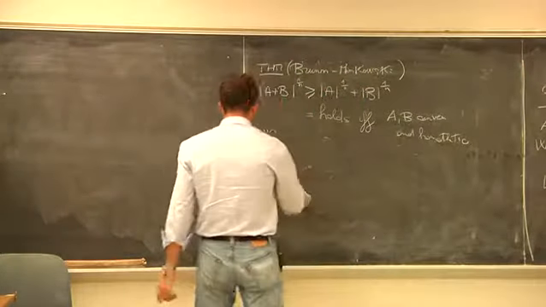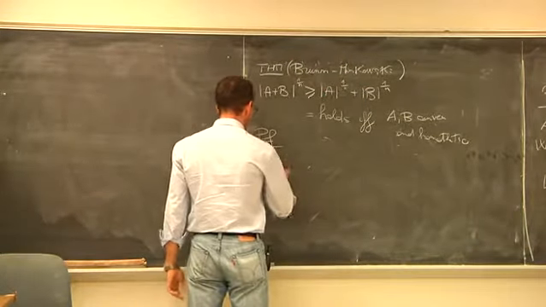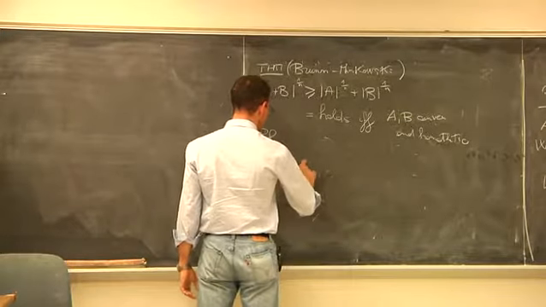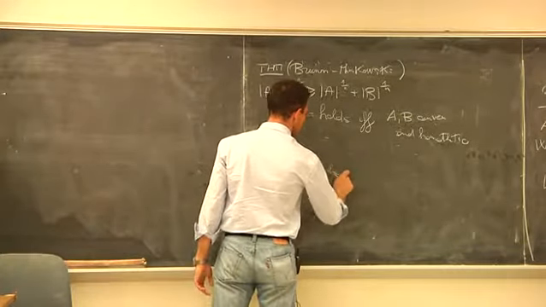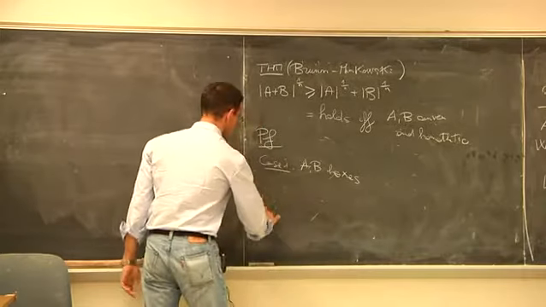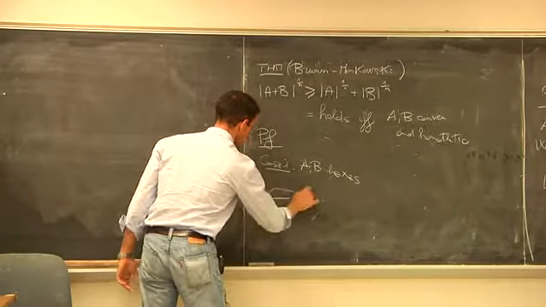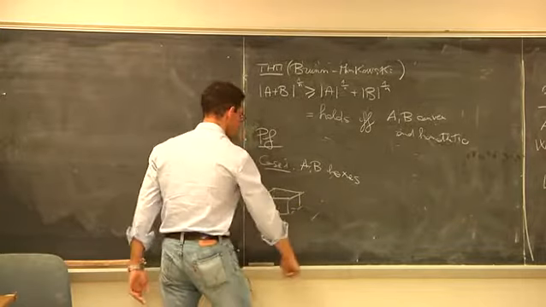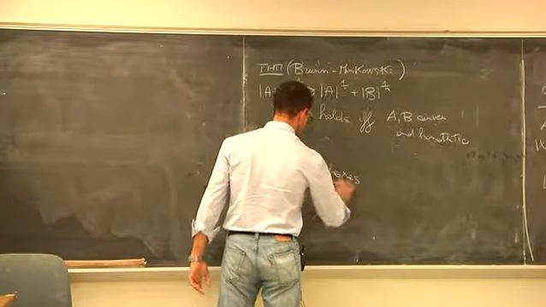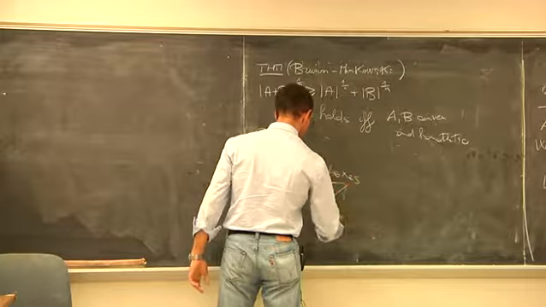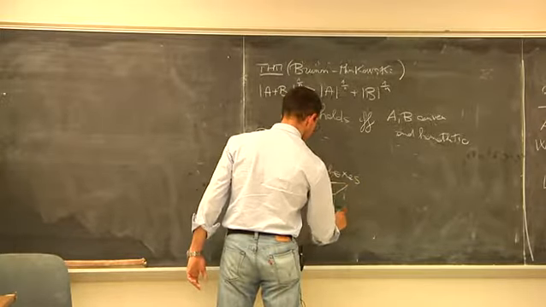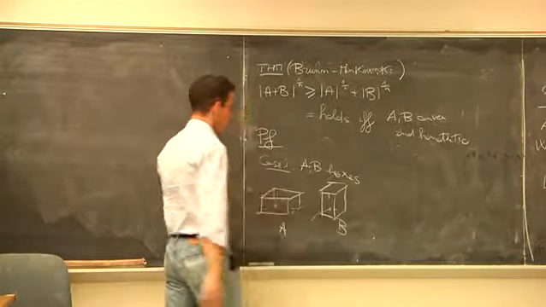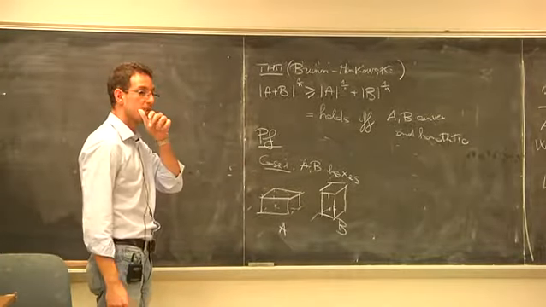So this means the following. Case 1: A and B are boxes. So I have my set A, my set B, and I want to understand the volume of the sum.